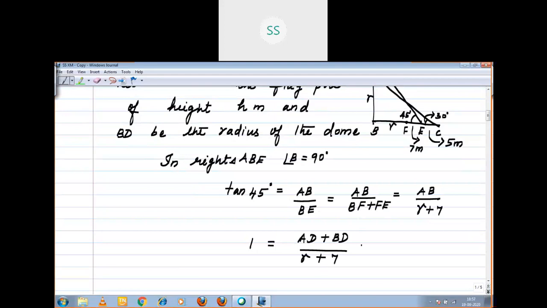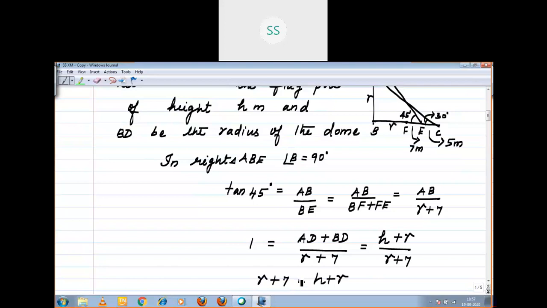Now what is AD? AD is H. What is BD? That is R, divided by R plus 7. Now you cross multiply: R plus 7 equal to H plus R.